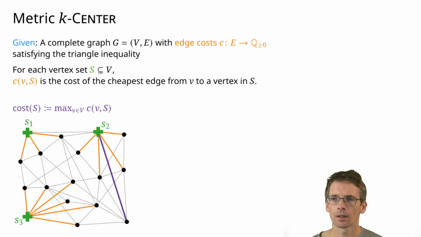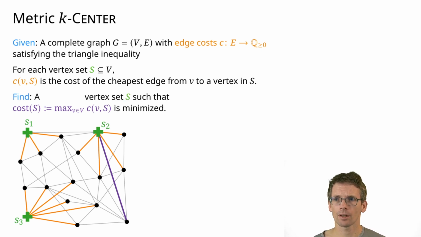And now what we want to do is, of course, minimize this cost over all possible choices of the centers. Of course, we need a somewhat more constrained problem, because otherwise we could simply make every vertex a center point. So that's where the k comes into play.